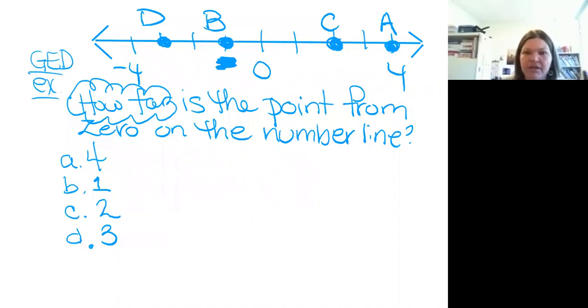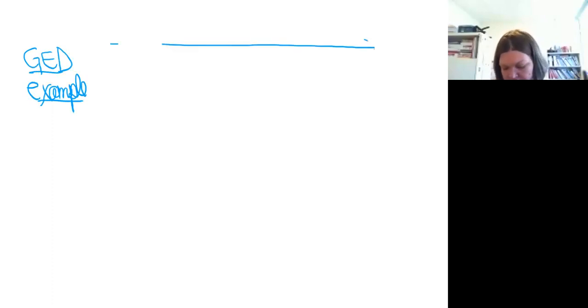Now, they'll make this problem even trickier. So let's look at an even trickier example of this problem, okay? So again, I'm doing another GED example. I've spent a whole lot of time teaching GED, and I know they love these tricks. Oh my gosh. So here's another trick of theirs.